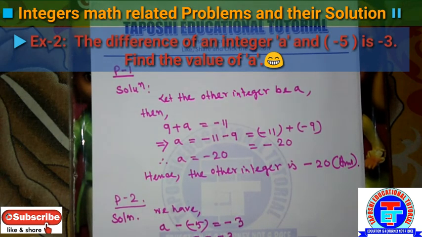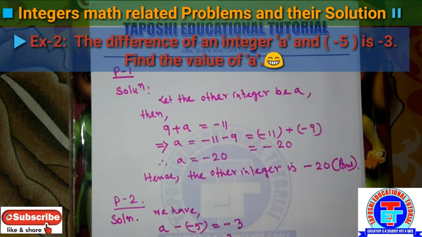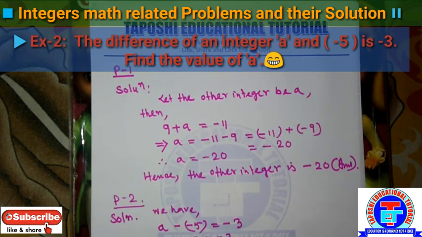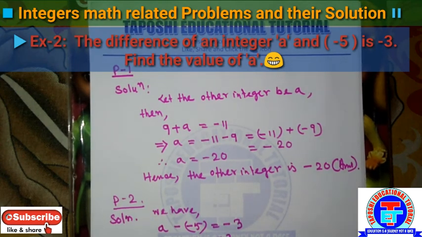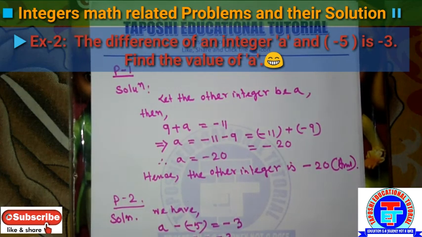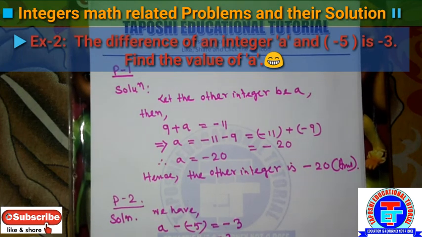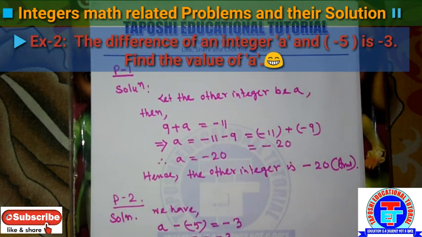Right. So we can write this one, implies that a is equal to minus 3 plus minus 5. It will become a is equal to minus 8.